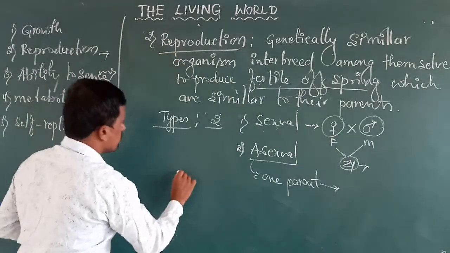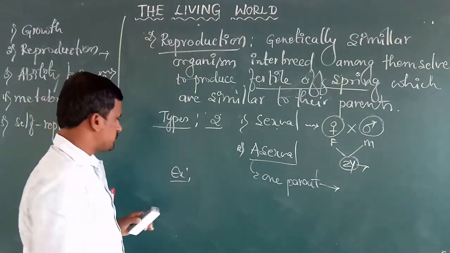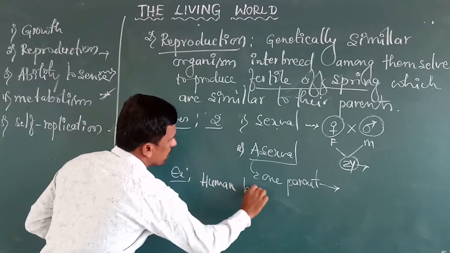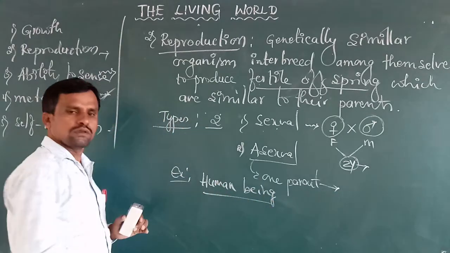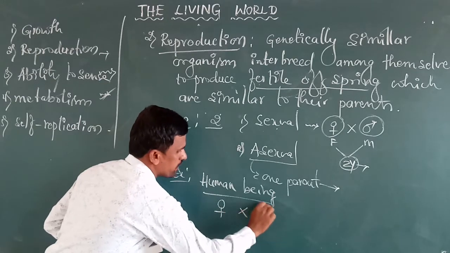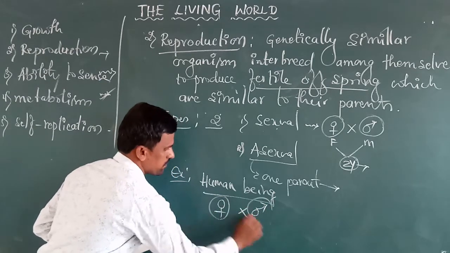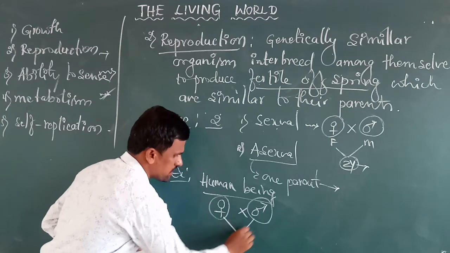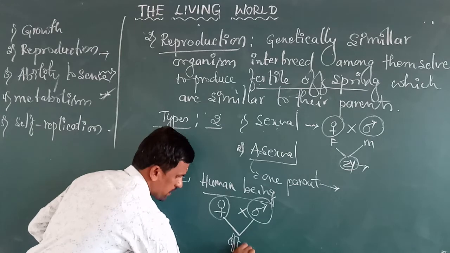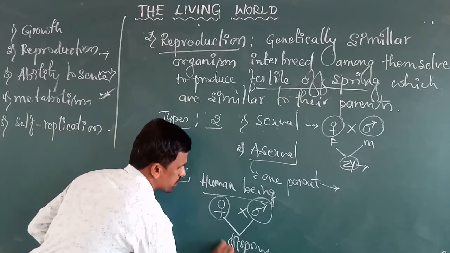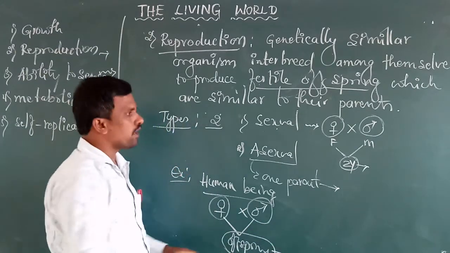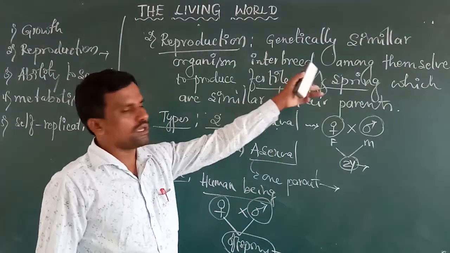So, an example for reproduction: human beings. There is the involvement of male and female organisms to produce gametes, then the zygote, and later offspring. These offspring are fertile and similar to their parents.